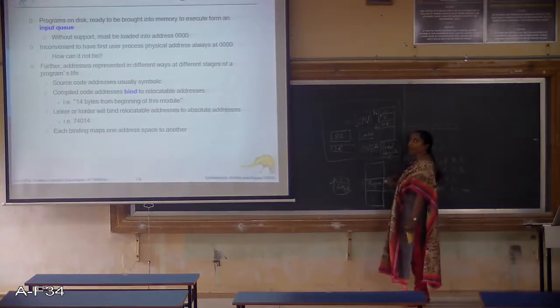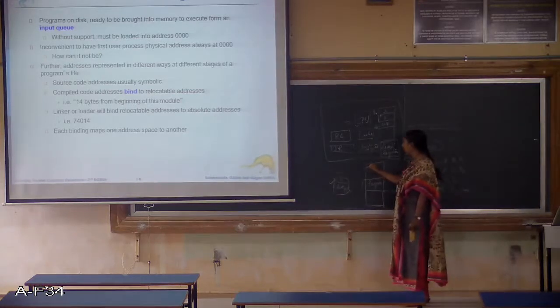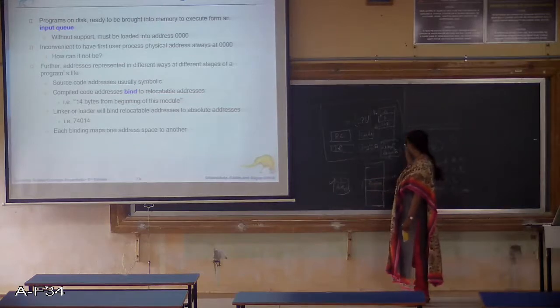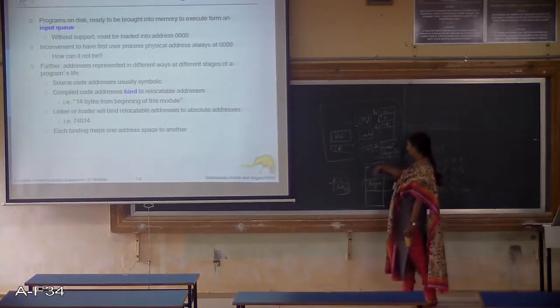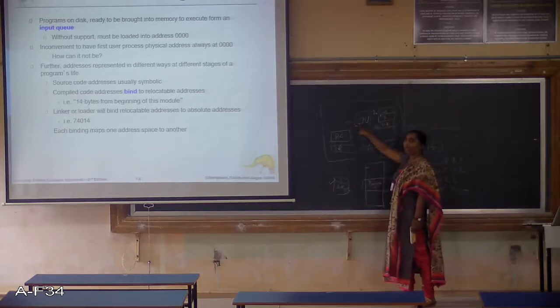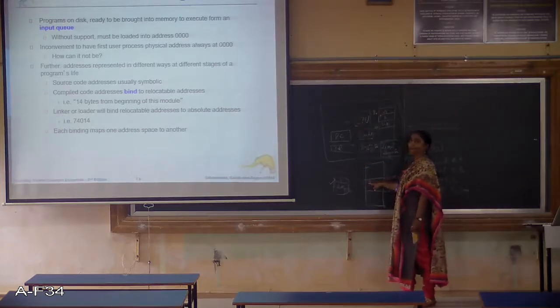So if the location of sum is 32, it is not 32 from the starting location of memory, but 32 from the base register. So this is a relative address, from base 32. We are relating it to the base address, and that is why it is called a relative address.